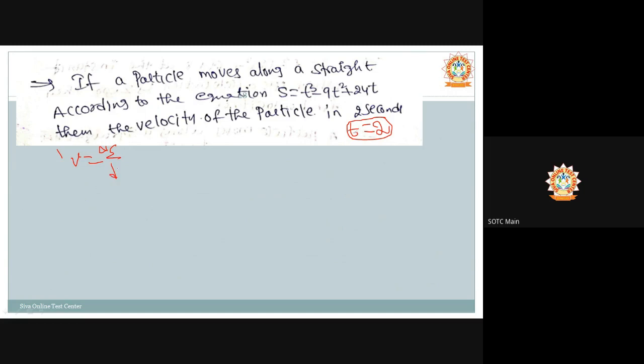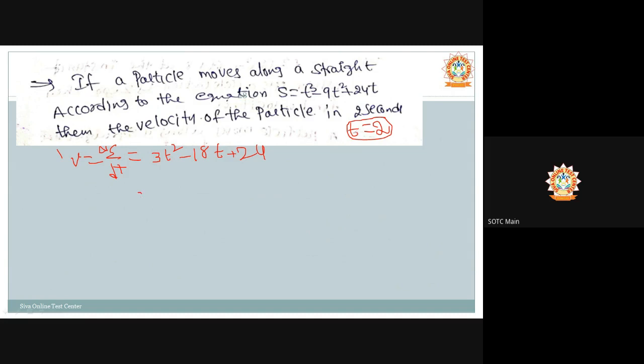What is the differentiation of this s equation? Differentiation of t cube is 3t square, minus 18t, plus 24, right?